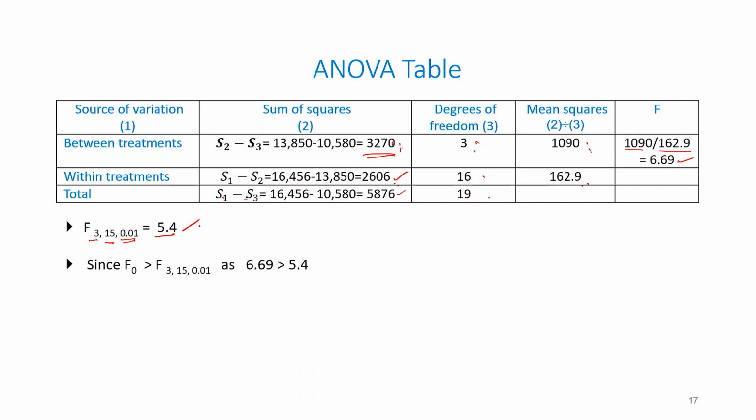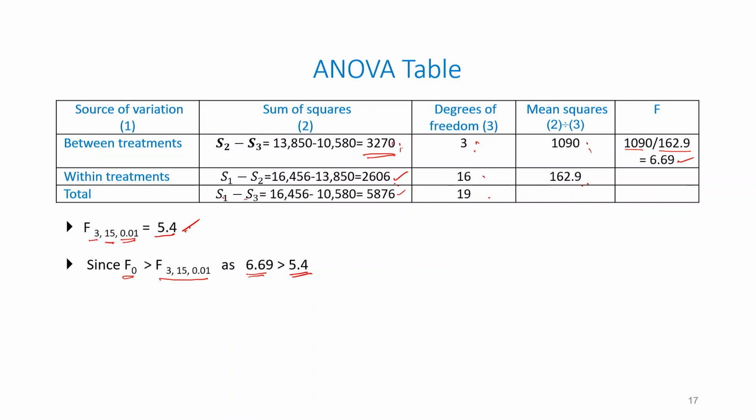So for this you need to consult the F table and find out the value of F. That is 5.4. So the observed or calculated value is greater than the table value, since 6.69 is more than 5.4.